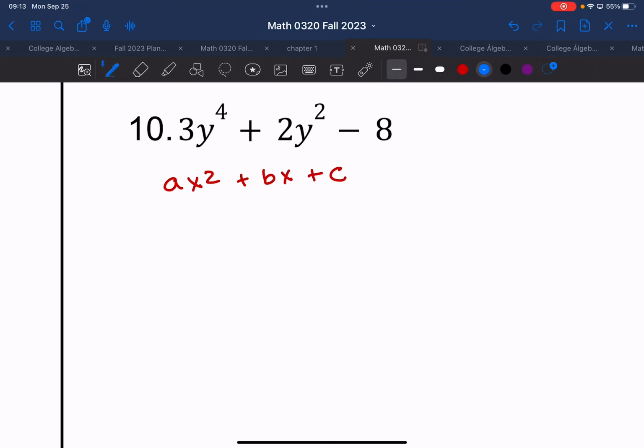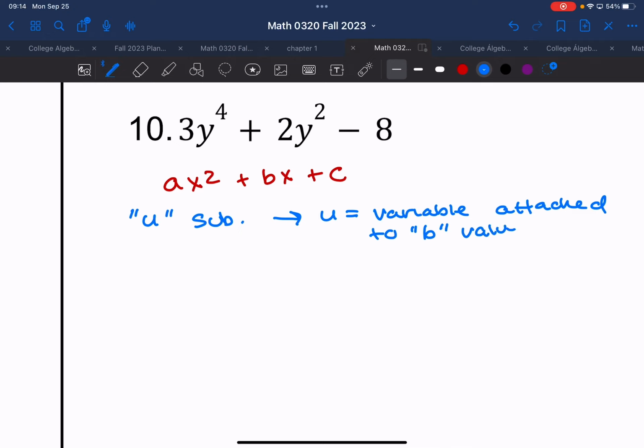So with U substitution, we label our u as whatever variable is attached to our b value. In this case, u is going to be equal to what? What's the variable attached to the b value? Y squared, right? The whole thing is attached to the b.